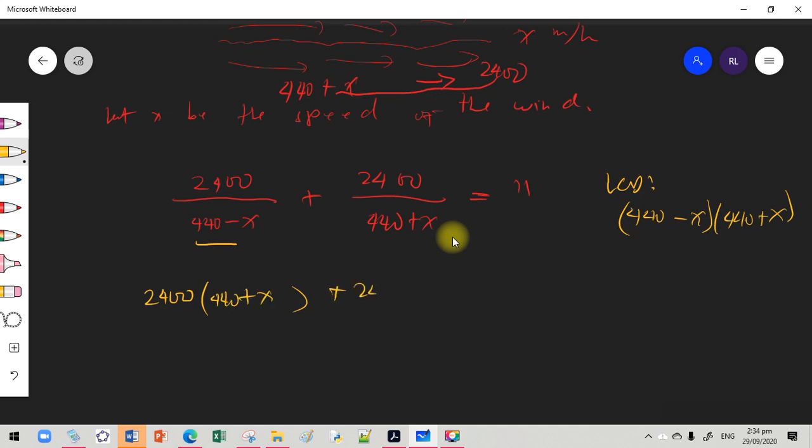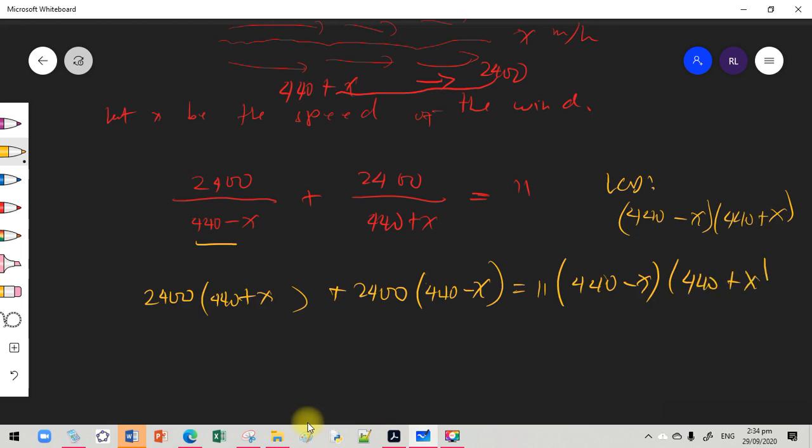Then another 2,400 times 440 minus x. Then we have 11 times 440 minus x, 440 plus x.